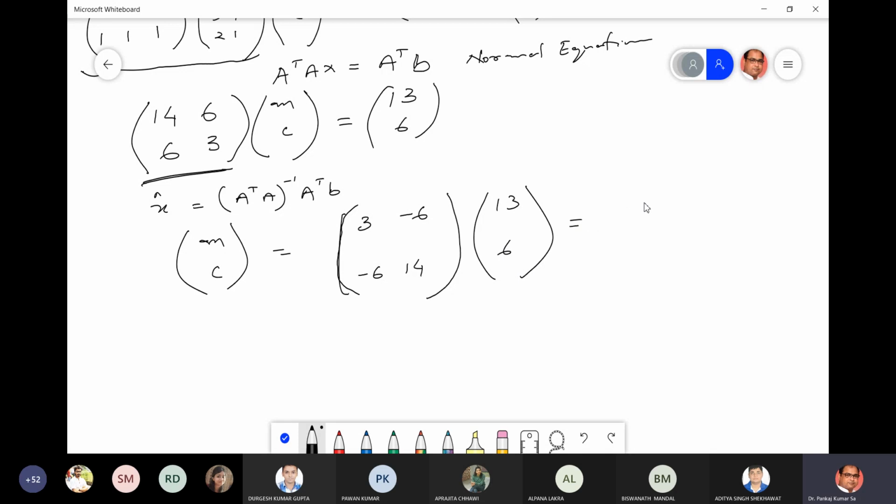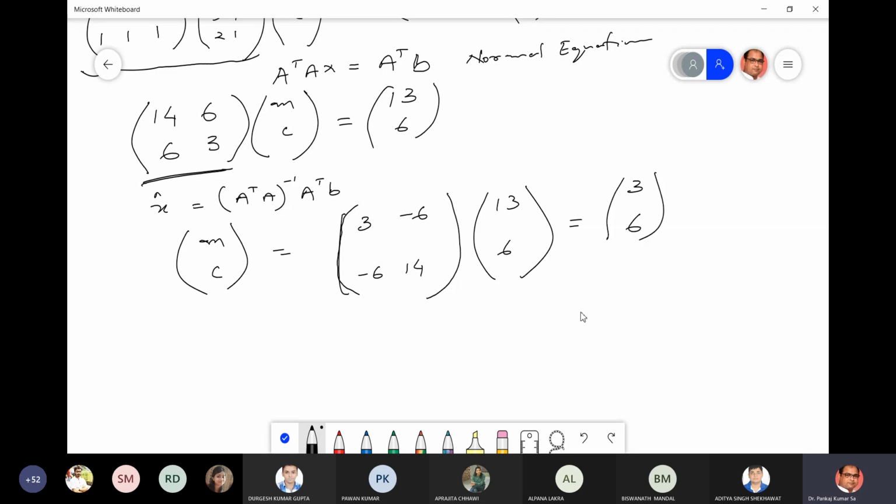So this actually becomes 39 minus 6, that is 3 6. 13 6s are 78, 14 6s are 84. 84 minus 78 is equal to 6.